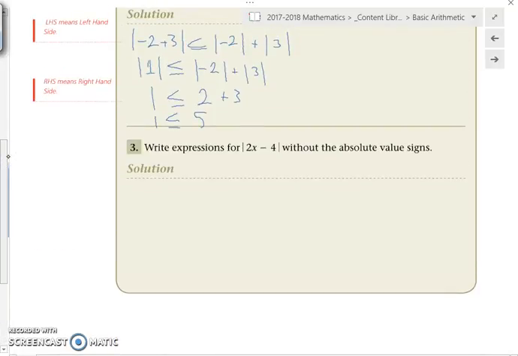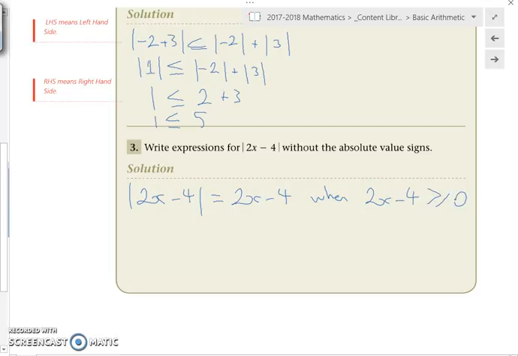So this one says write expressions. We've got a couple of things here. The absolute value of 2x minus 4 equals 2x minus 4, when 2x minus 4 is greater than 0.